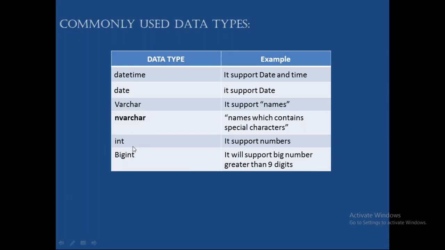Int means any number, okay: product ID, customer ID, serial number, something like that. Bigint means the same, a number, but a bigger number. For example, if the number is more than 9 digits, like phone numbers, then you need to go with bigint. These are the commonly used data types, but apart from this, we have other data types as well, as we discussed.